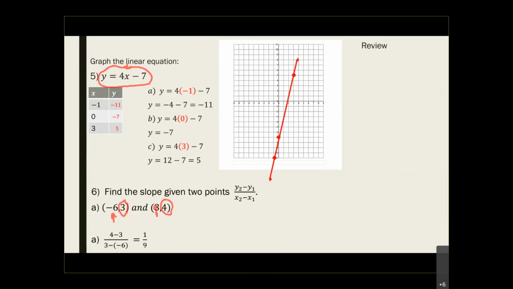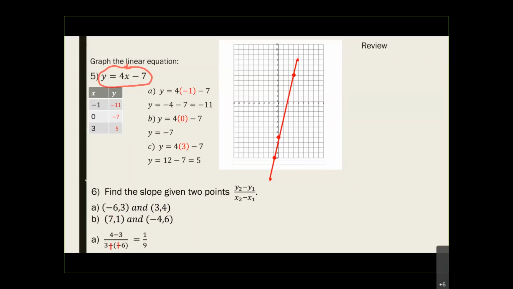Your x is 3 minus, reminder, a negative 6, which is, a negative and a negative become a positive. In this case, we have 4 minus 3 will give me 1, and 3 plus 6 gives me 9, right?